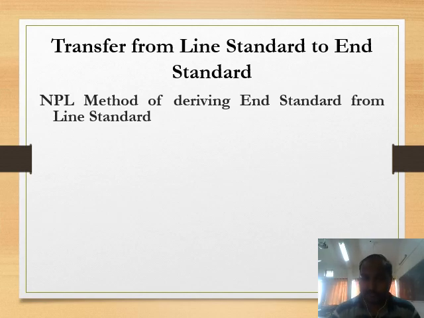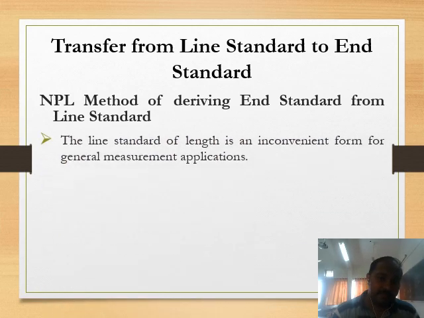So we need to transfer this line standard to the end standard, because the end standard we can produce with a high accuracy, which is not possible to a greater extent in the line standard. That's why the NPL method of deriving the end standard from the line standard is very important.